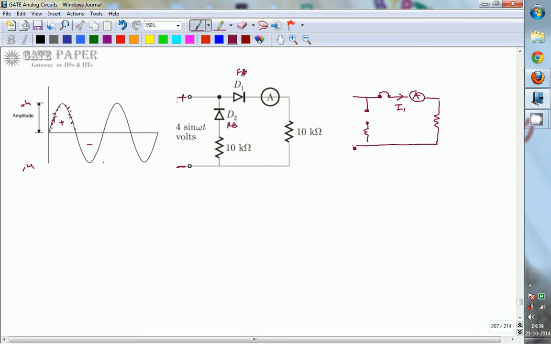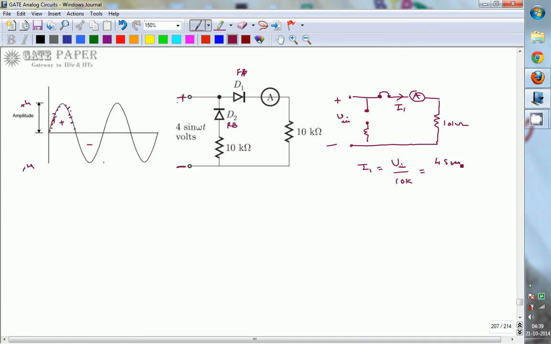What we are applying is 4 sin omega t, so I am writing it as V input. The current I1 also flows through the 10 kilo ohm resistor, so you can write I1 as V in divided by 10 kilo ohms. V input is 4 sin omega t.